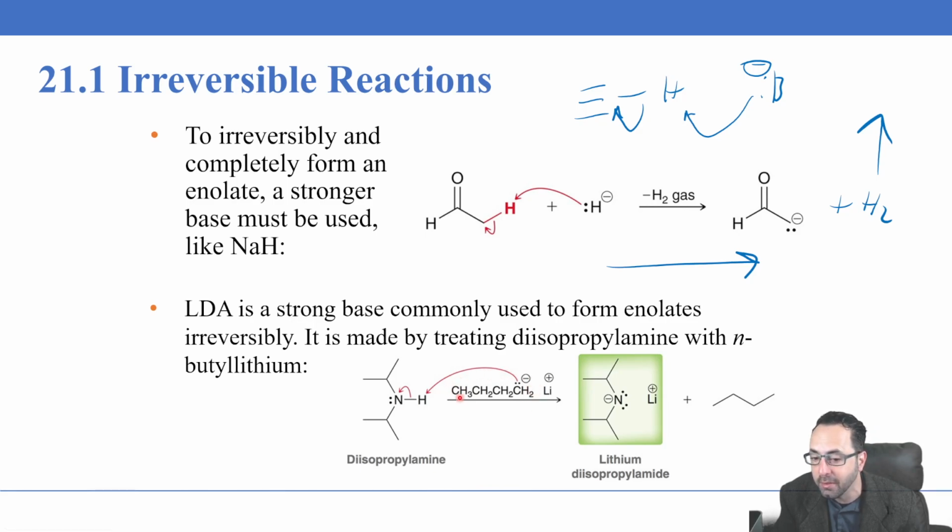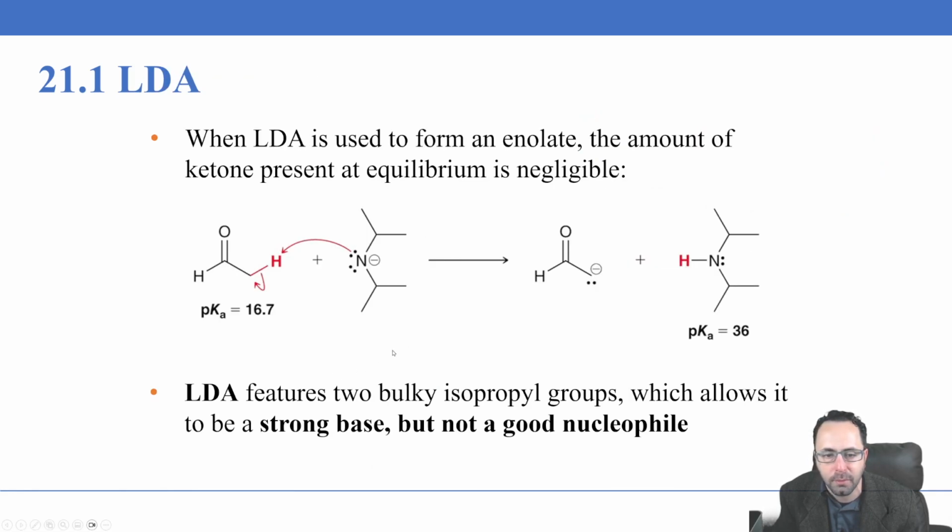The butyl ion from the butyllithium is going to deprotonate the diisopropylamine, leaving it with two lone pairs and two isopropyl groups here. N-butyl lithium, yeah. That's the common name, but yes, we can call it like that too.